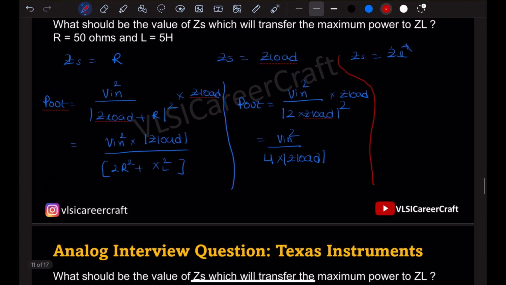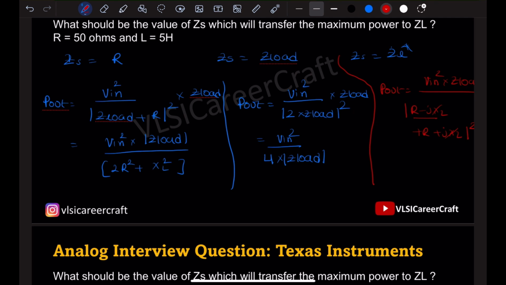For the third case, where ZS is the complex conjugate of ZL, our equation for P out is equal to V in square into Z load divided by modulus of R minus JXL, since it is the complex conjugate of Z load, plus JXL, whole square.